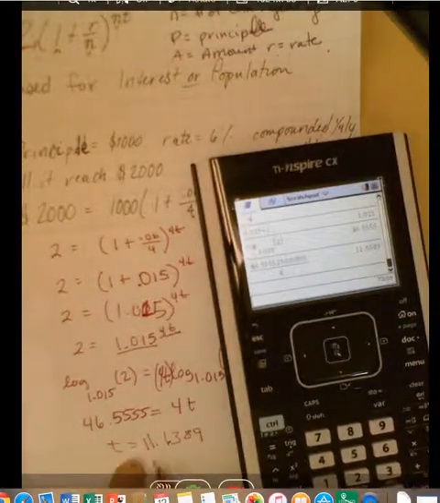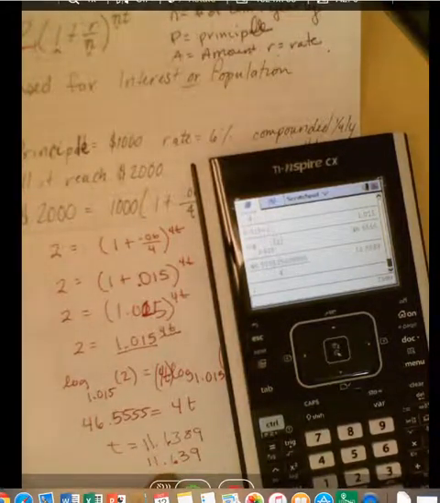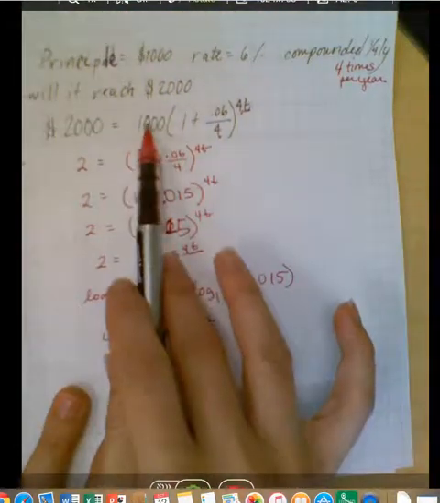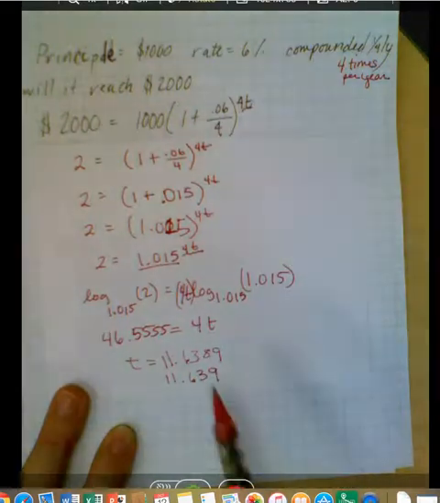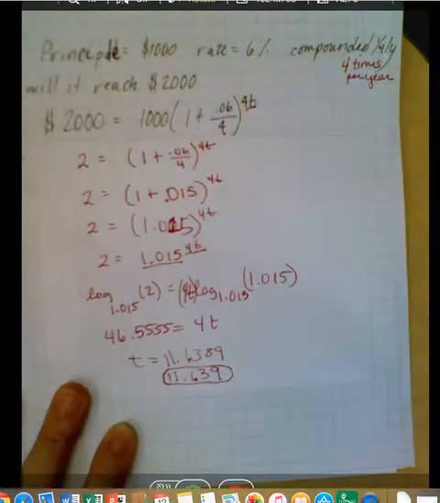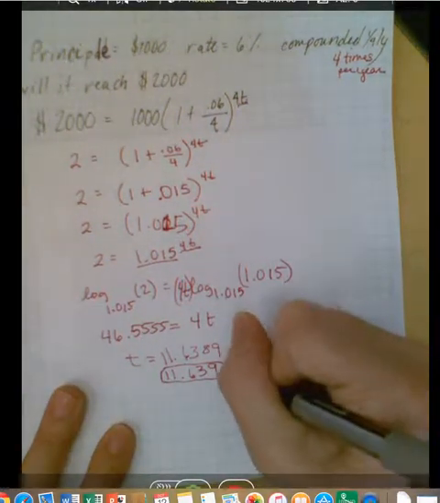I'm not going to go out further than 3 decimal places. 6, 3, 9. So in order for my $1,000 to become $2,000, it's going to take me 11.639 years.